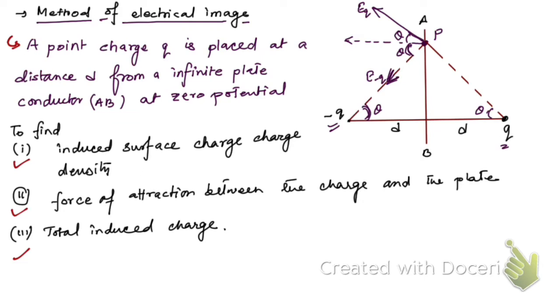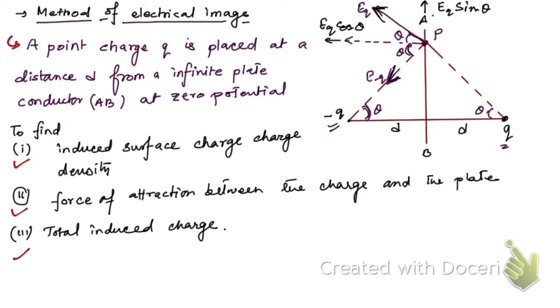Now you see, there will be two components of this electric field: one is E_q sin theta, and the other on this side is E_q cos theta.